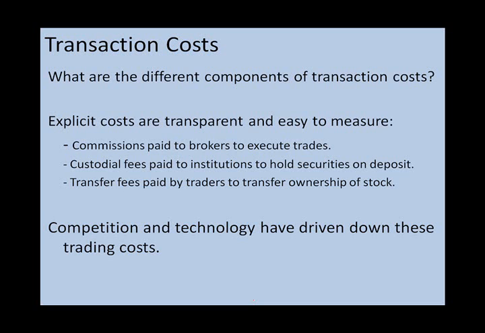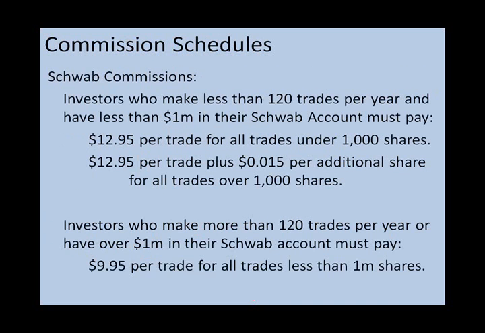Now these fees and costs used to be pretty high, but over the last 20-30 years, competition and technology have really driven down these trading costs, so that today individuals like you and I can trade stocks at relatively low costs. Here's an example from Schwab.